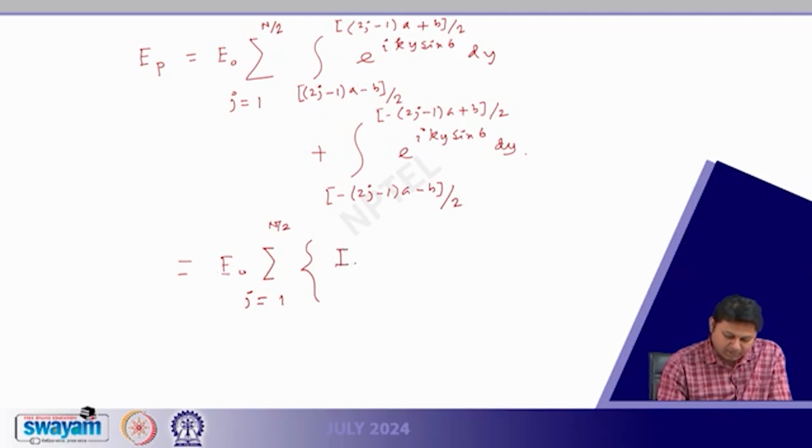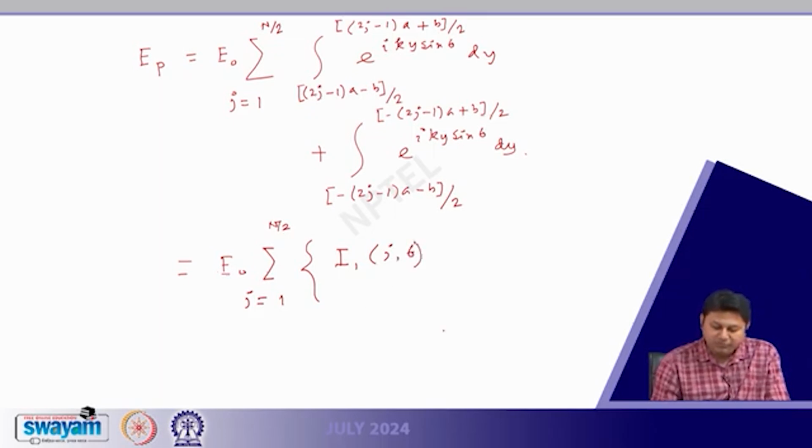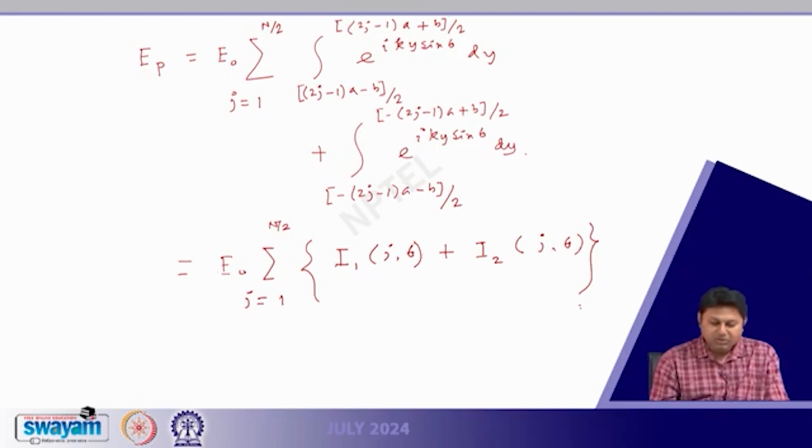One is I1, which should be a function of j and theta. What is the value I calculate? Then it should be sum over j, and another is the lowest side, I2. It should also be a function of j and theta, and then by calculating I and j we can do the sum.